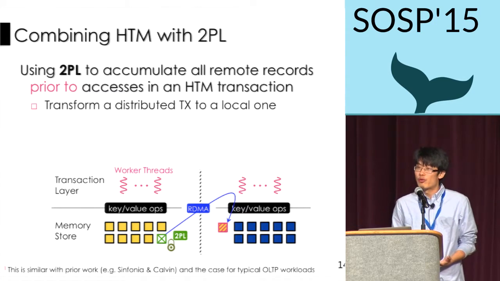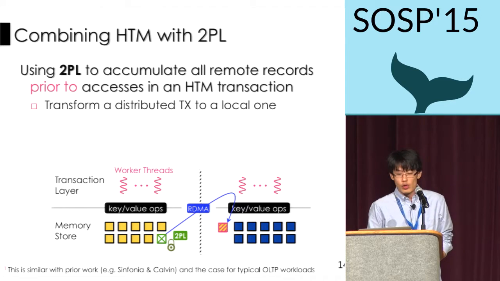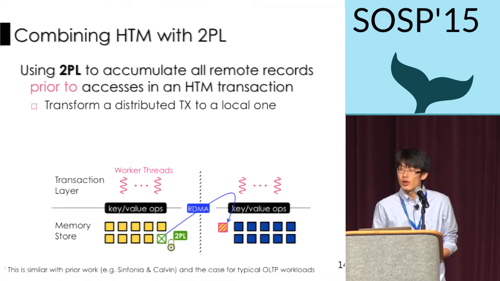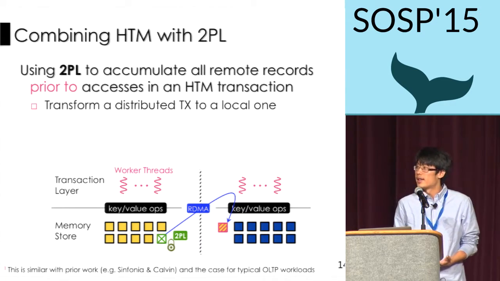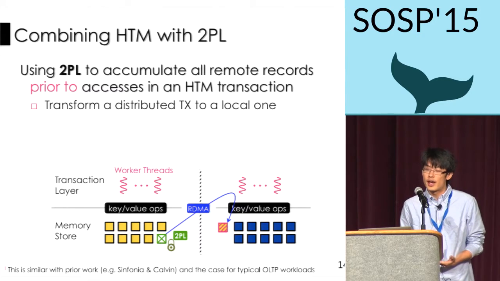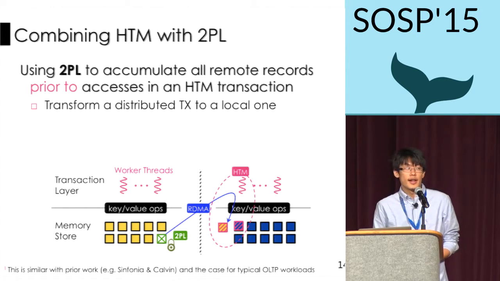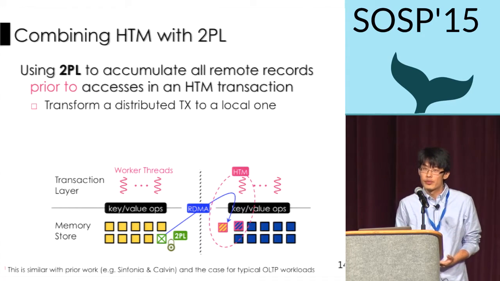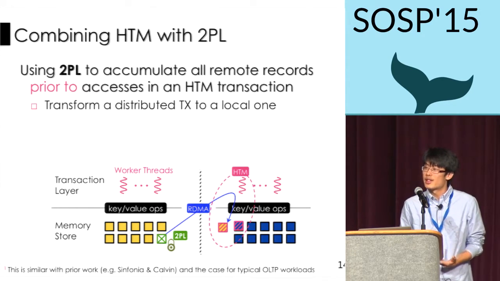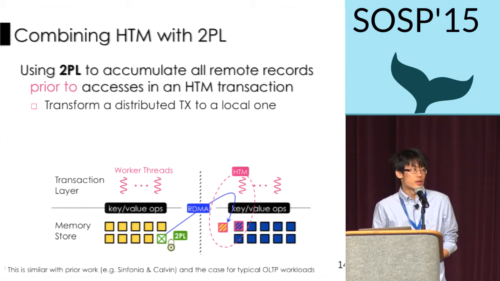For example, to execute a transaction, we first lock its remote data records at remote machines and then fetch them back to a local cache. Then we start an HTM transaction to execute the original transaction logic. Thus, in the HTM transaction, the remote data records can be directly operated on in the local cache.